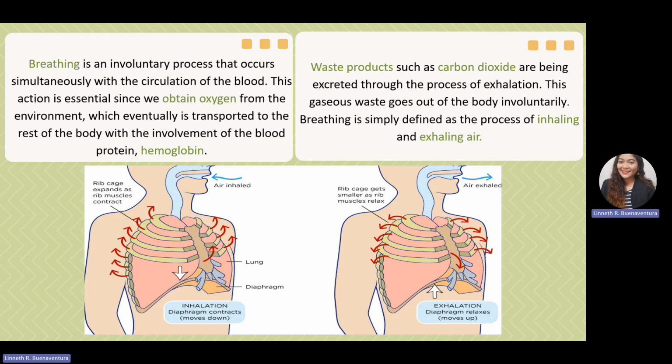Next is exhalation. In exhalation, the diaphragm relaxes and moves up. Therefore, the carbon dioxide and other air molecules which are not needed in our respiratory system will be exhaled or released. The rib cage gets smaller as the rib muscles relax.